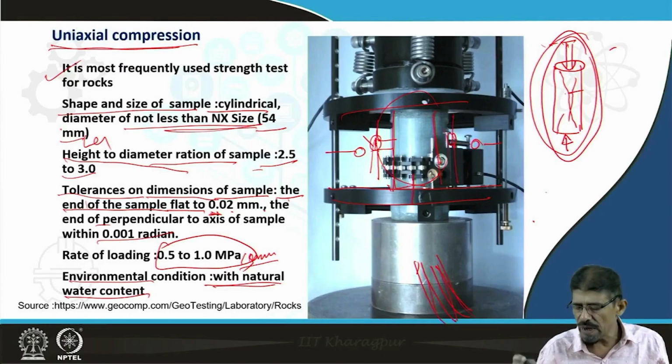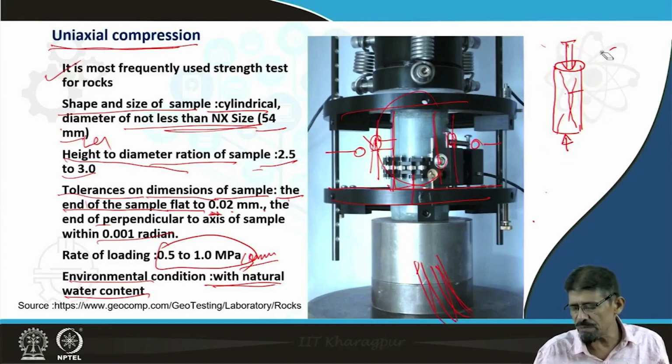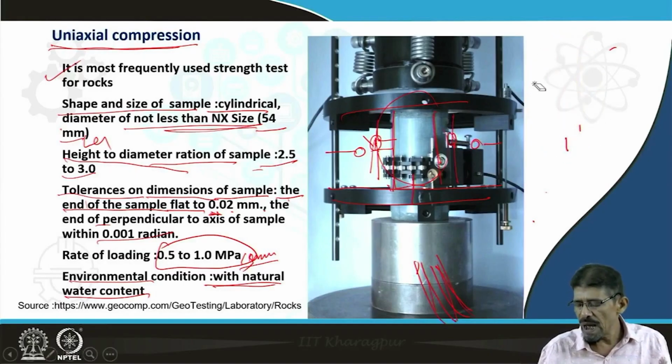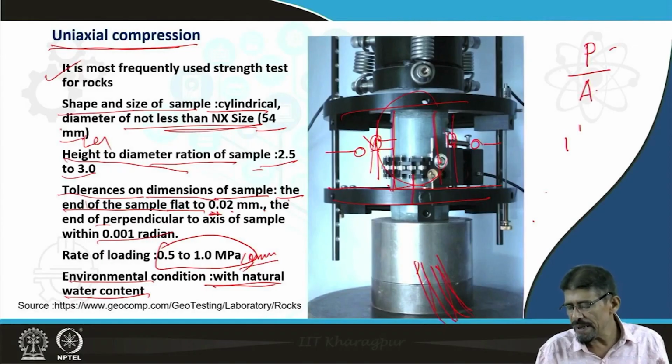Here the calculation is very simple. If the applied load is P, then divided by the area of the cylindrical sample, you can easily determine the area of this type of cross section.